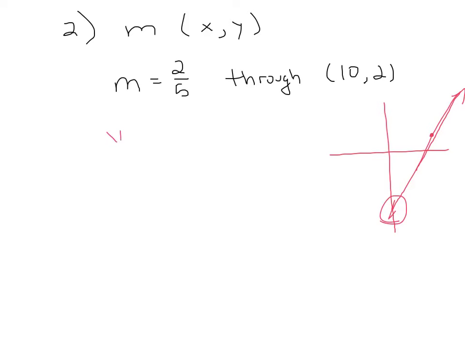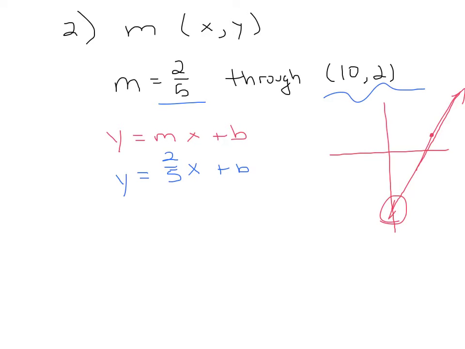So let's start with writing out the form that we want it to be in. We want it to be in y equals mx plus b. We know m, so we can go ahead and fill that in. We know that it's 2/5 times x plus b. What we don't know is the y-intercept. We don't know b. So this 10/2 must do something for us, right?